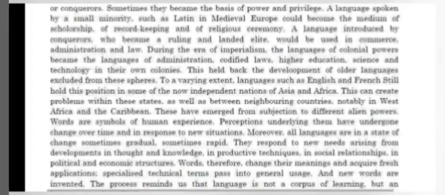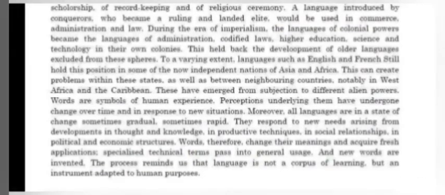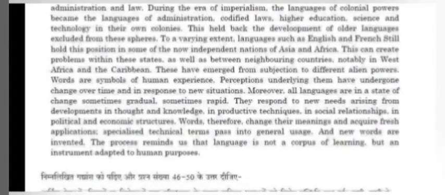A language introduced by conquerors who became a ruling and landed elite would be used in commerce, administration, and law. During the era of imperialism, the languages of colonial powers became the languages of administration, codified laws, higher education, science, and technology in their own colonies. These held back the development of older languages excluded from these spheres.